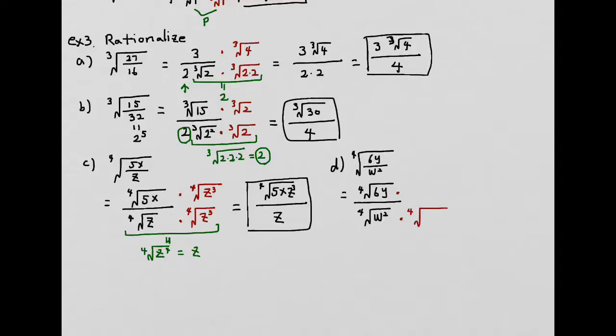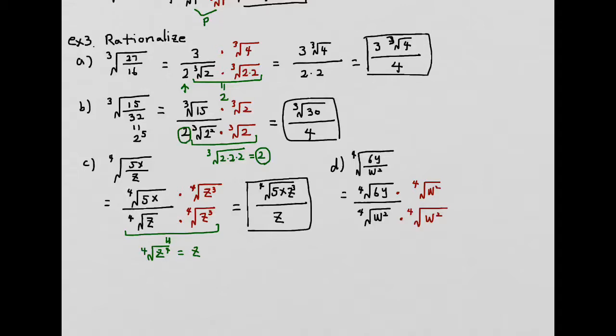You have w squared already. How many more w do you need in order to make 4? You need 2 more. So that's how you're going to decide what to multiply. Whatever you need, that's what you're going to multiply.